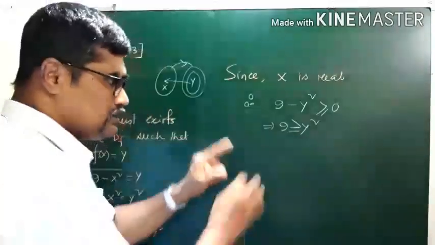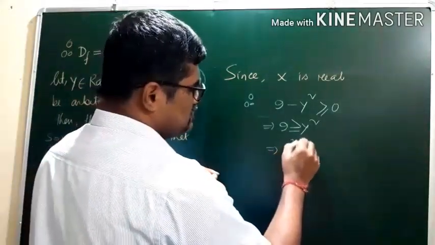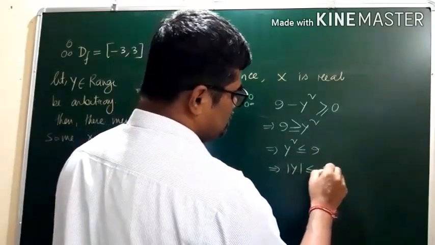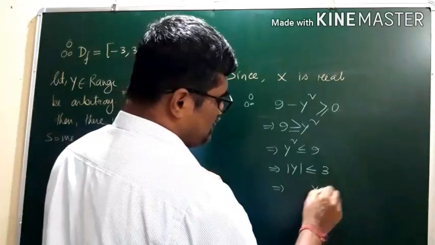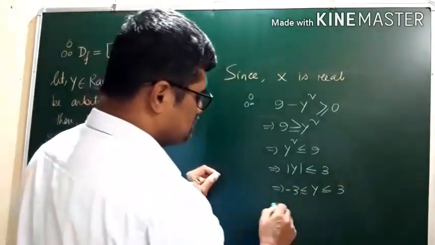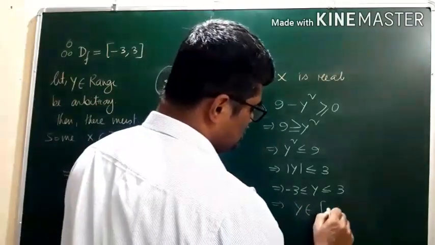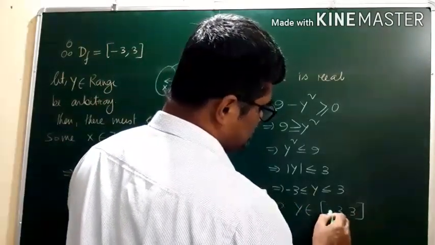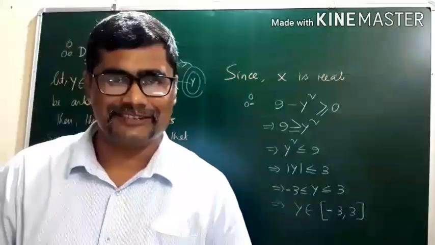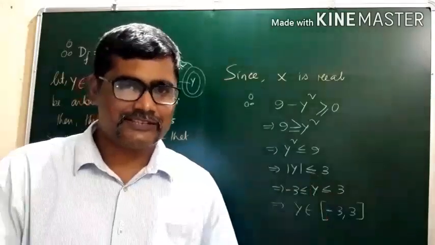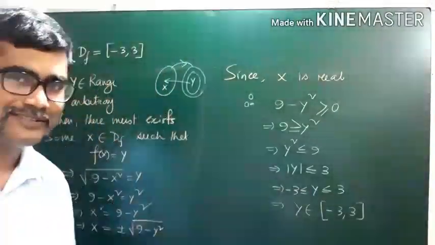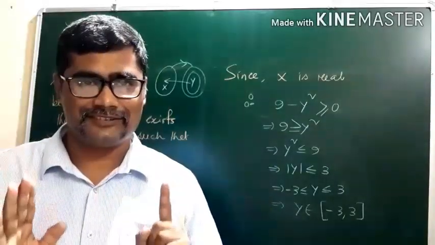So this time you can directly do this. So y square is less than or equal to 9. That gives you mod of y less than or equal to 3. That gives you y lying between -3 and 3. That means y belongs to the closed interval -3 to 3. That's it. You got the range, right? So this is the range of the function, because y means the elements in the range, right?